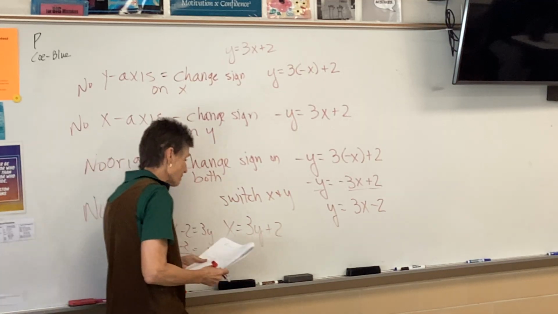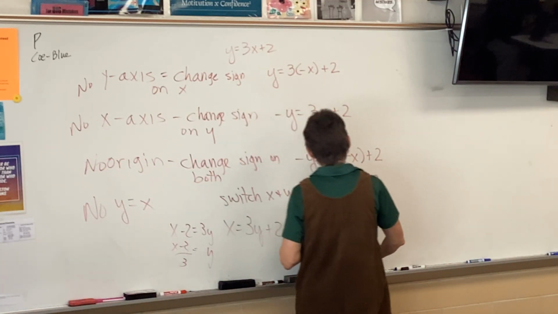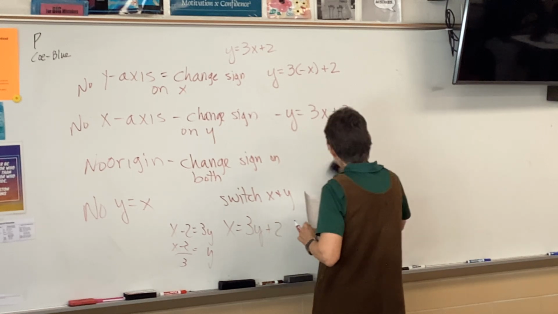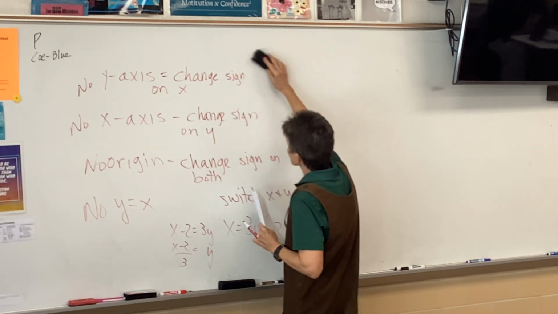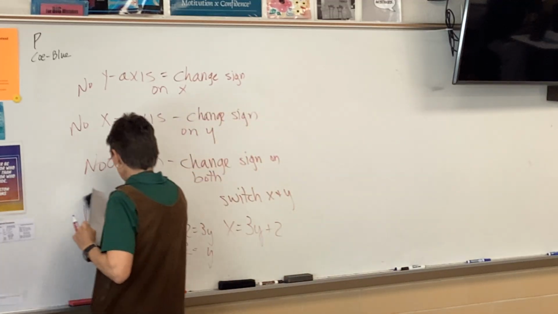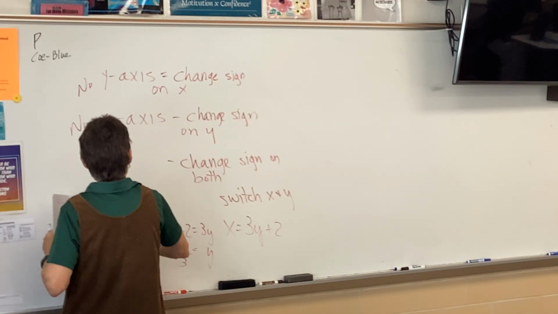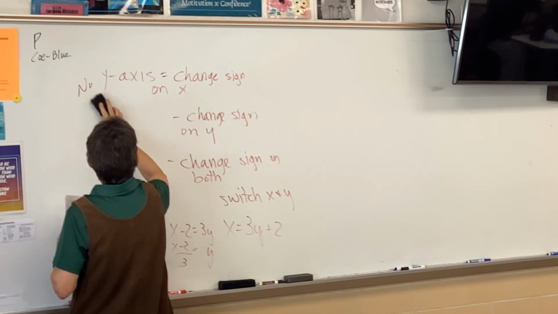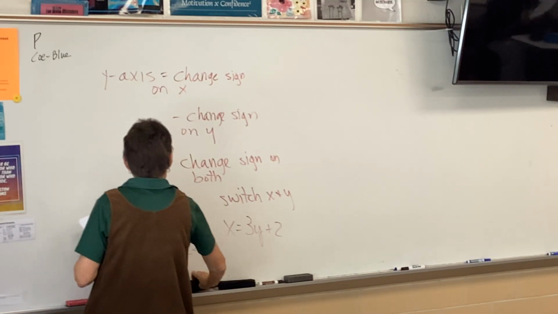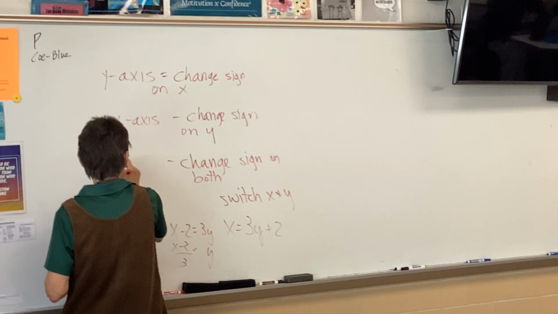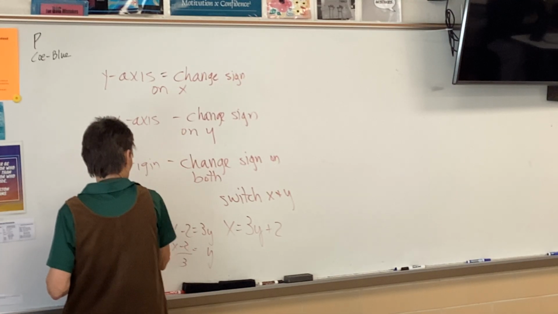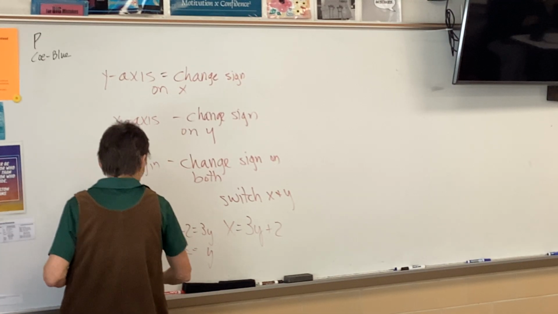Now I've made some notations about whether things are functions or not. Let's not worry about that right now. Let's just do our tests of symmetry and make sure that we can. So which one do you want to do on the back side? H?